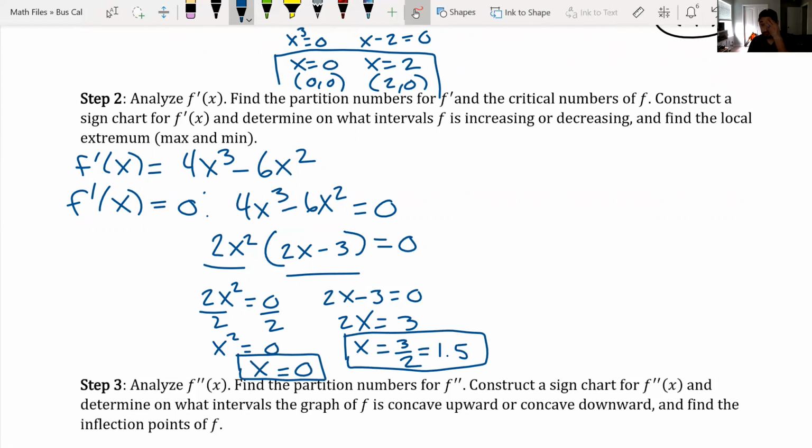And guess what? Since this is the first derivative, these are called critical numbers. Okay, now what we do with those is we create our sign chart.